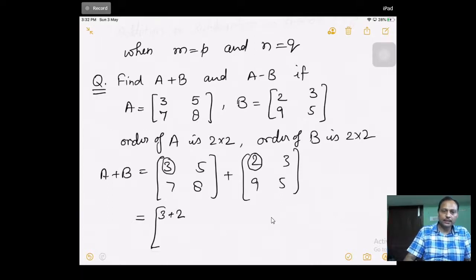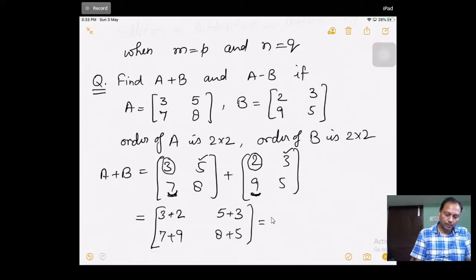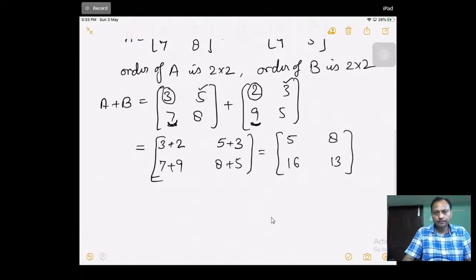The element of first row and second column is 5 plus 3. The element of second row and first column is 7 plus 9. In the same way it is 8 plus 5. So the matrix A plus B will be 5, 8, 16, 13. In this way we can add the matrices.